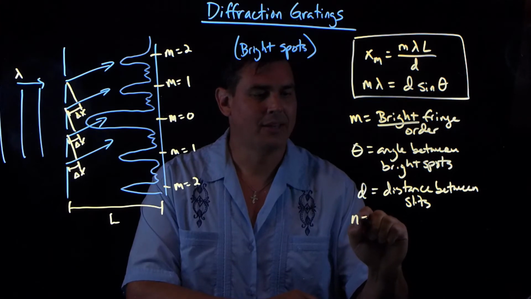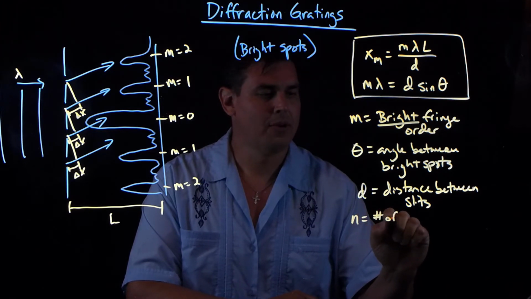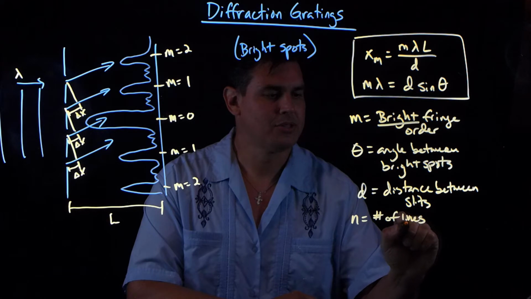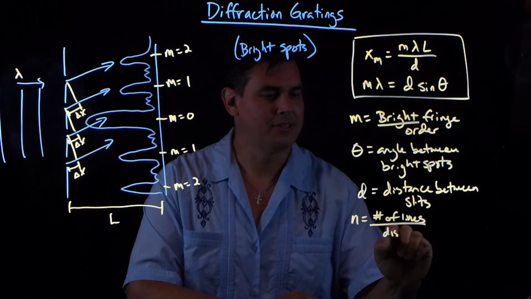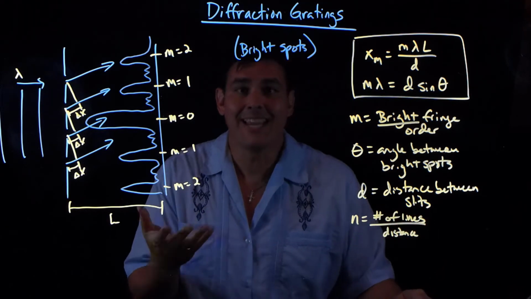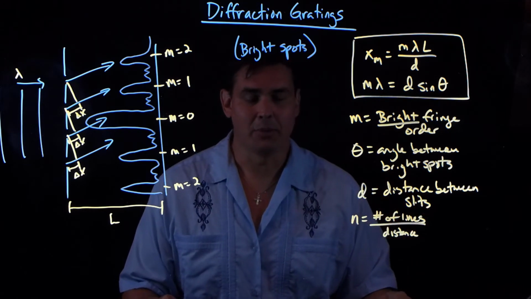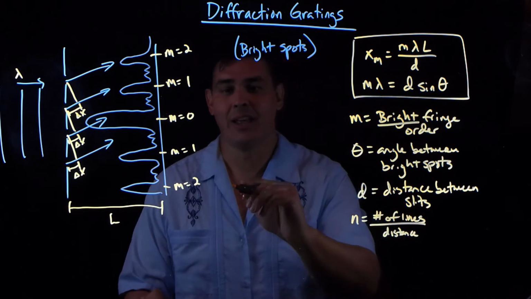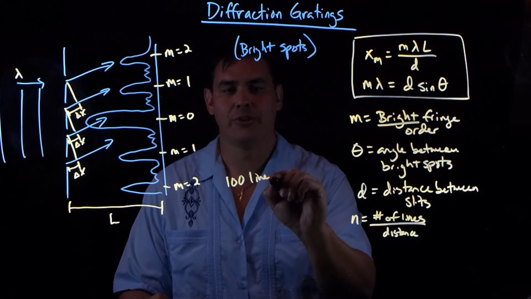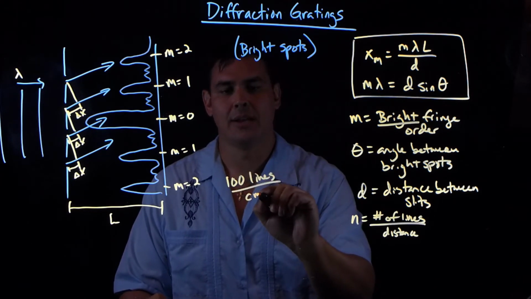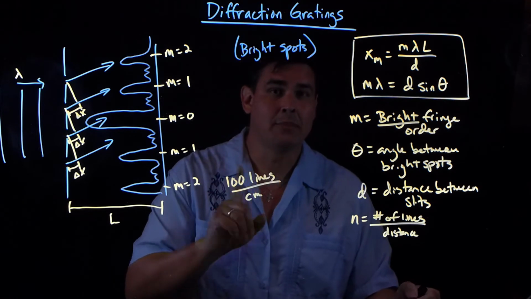So N is the number of lines per distance, right? So for instance, 10,000 lines per millimeter. I can get D from knowing that number. So if I have 100 lines per centimeter, I know that 1 centimeter has 100 lines.